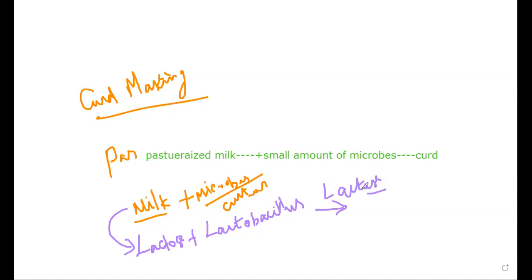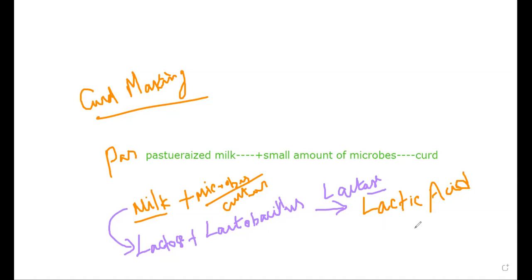The lactase automatically acts upon the lactose. As a result, it will produce lactic acid. Lactic acid is the end product, by the action of lactobacillus. This is commercially oriented. Lactic acid will be produced.